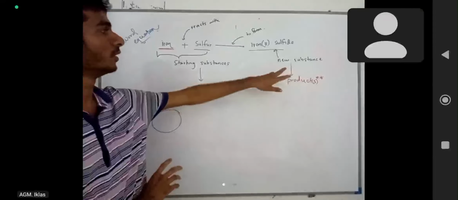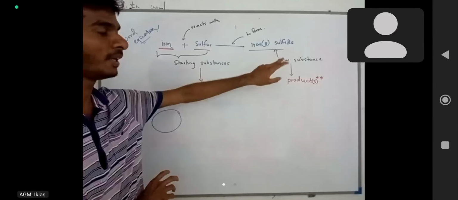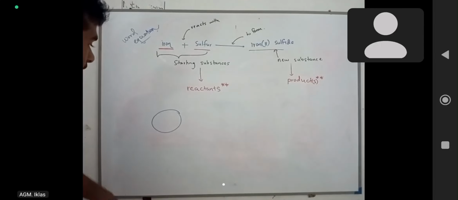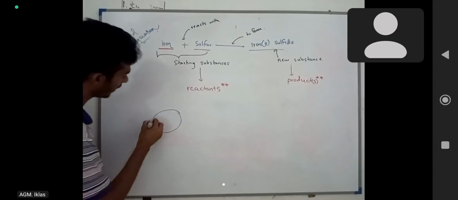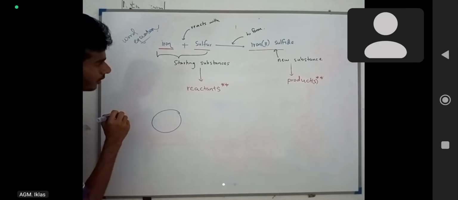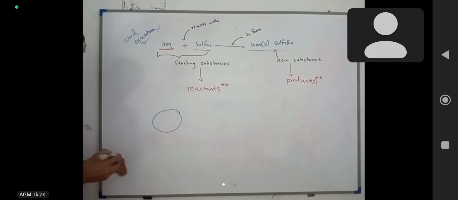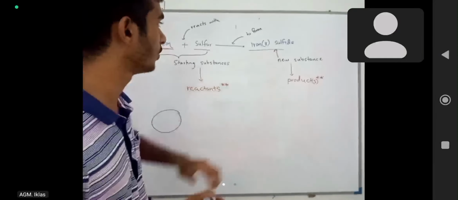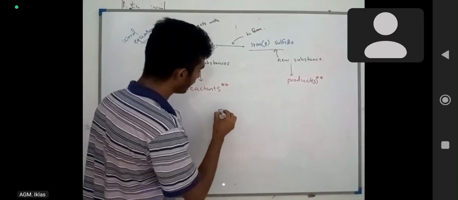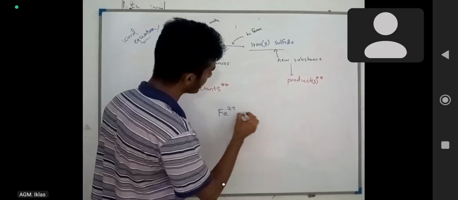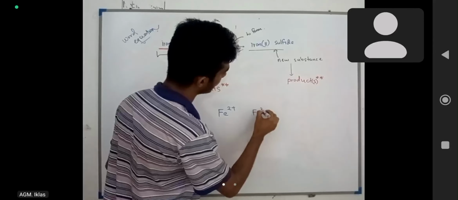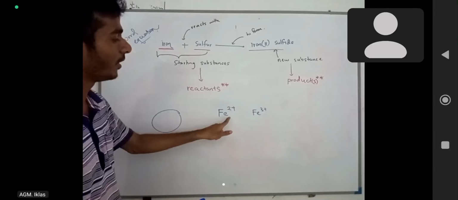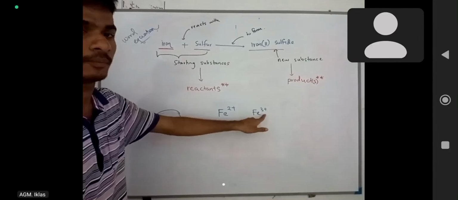What do you observe? This new substance is completely different from the starting substances. I told you not to bother about why iron 2 came, because for iron there will be Fe2+ and Fe3+, oxidation numbers 2 and 3.